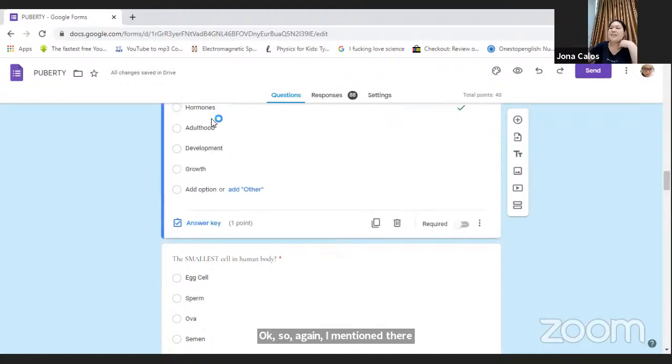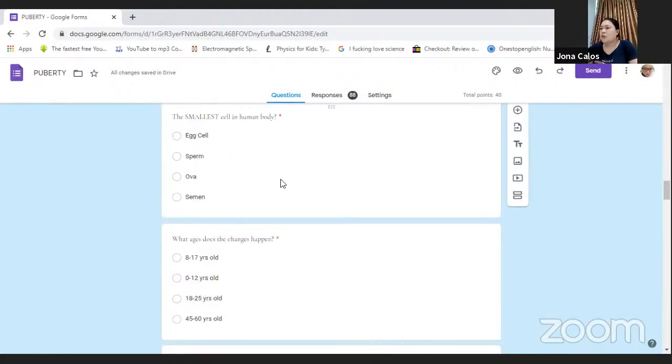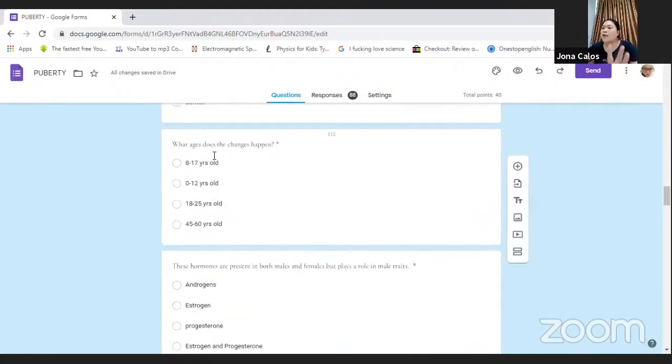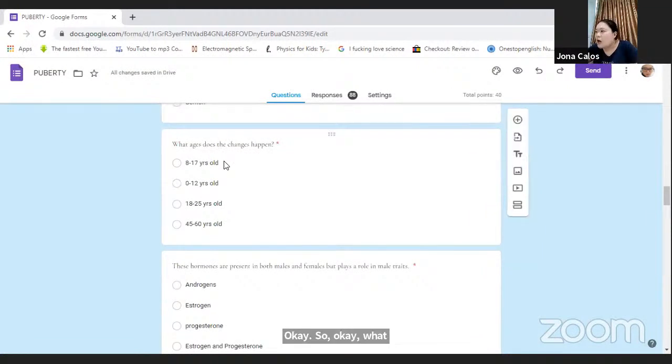So this is the reason why the hormones that are specialized, either male or female, would increase, and those changes will happen. Okay, so at what age does this happen? The puberty. So 8 to 17, 0 to 12, 18 to 25, 45 to 60.